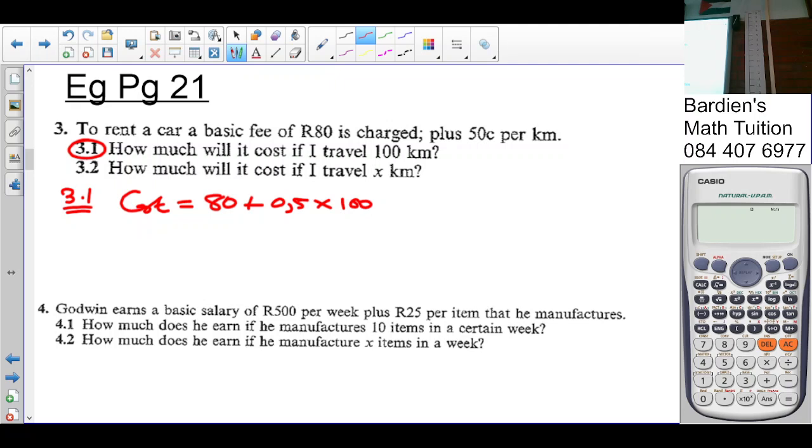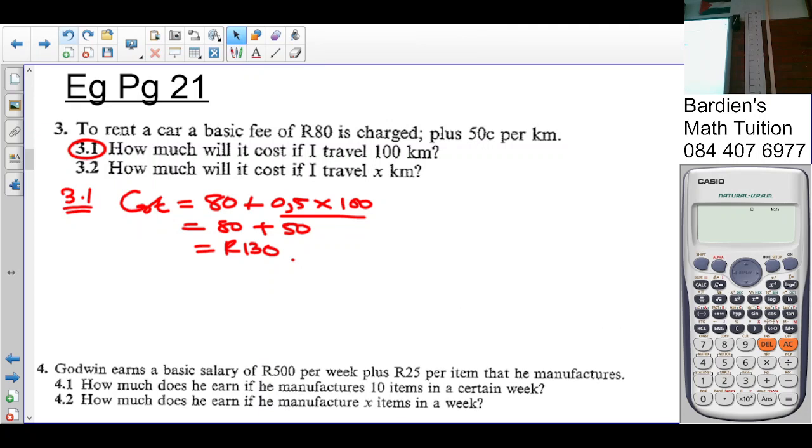Remember that this part is given in Rands, that part was also given in Rands. You understand? Otherwise, if we converted 80 Rand to cents, it would have been 8,000 cents. Rands is easier to work with, the numbers are fairly small. So what is a half times 100? 50. And 80 plus 50? It's 130. Not so?